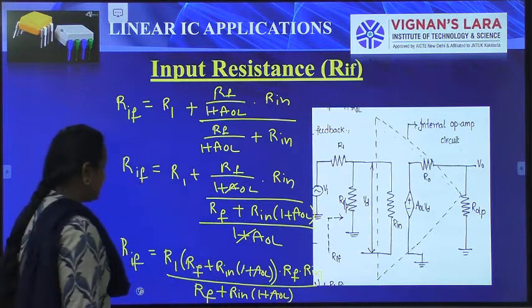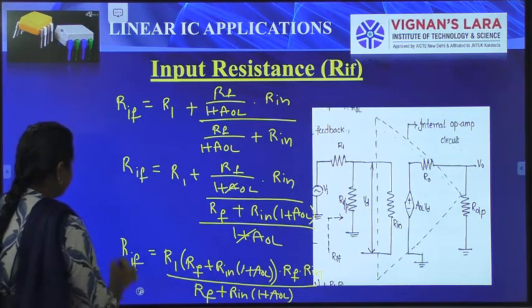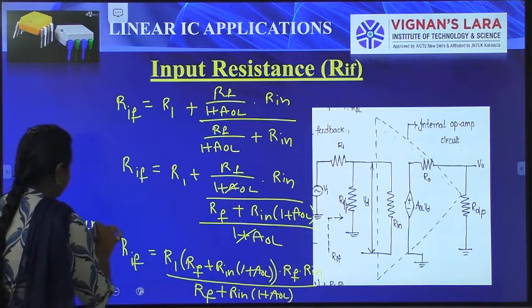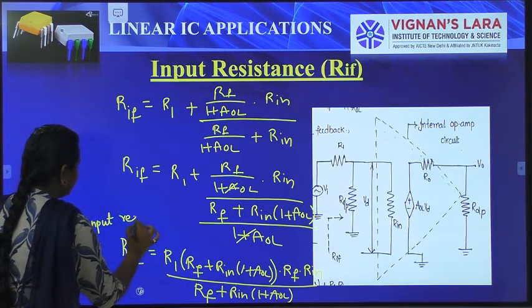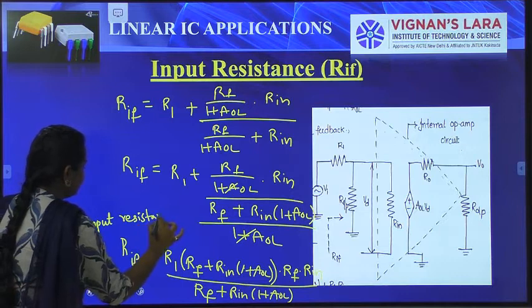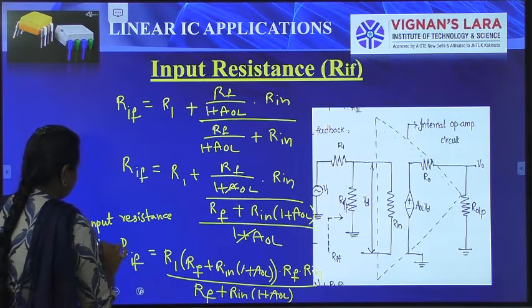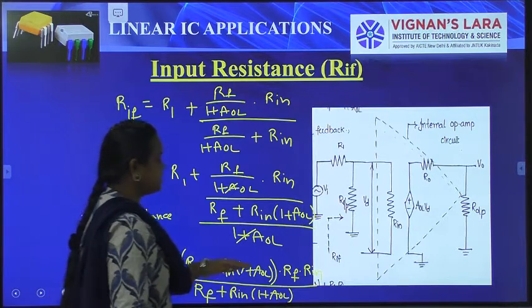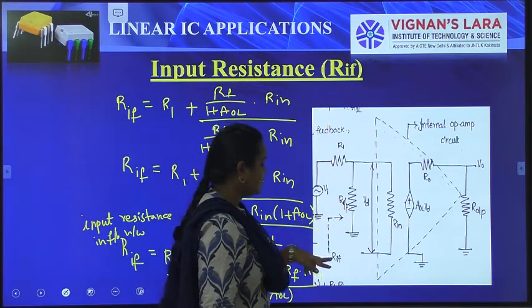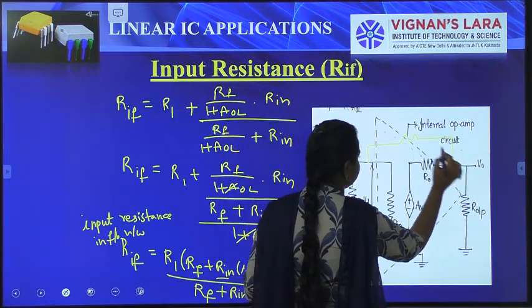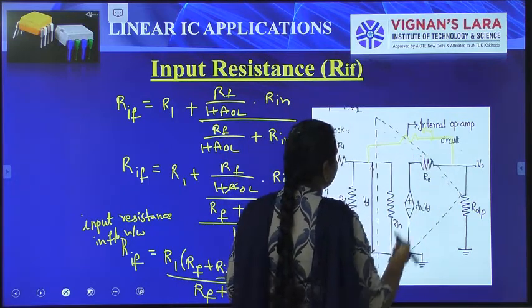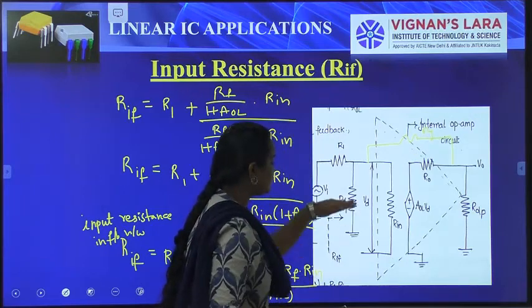We can get the feedback impedance, that means the input resistance when connected in the feedback network. Okay? So here we already know the feedback resistor is connected across input and output, but here the feedback network is connected across the input.